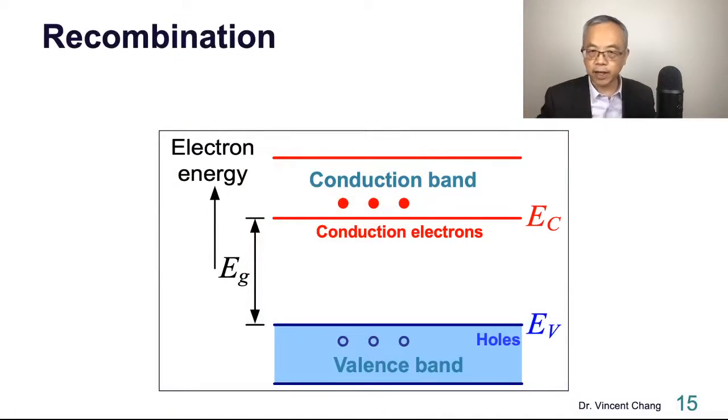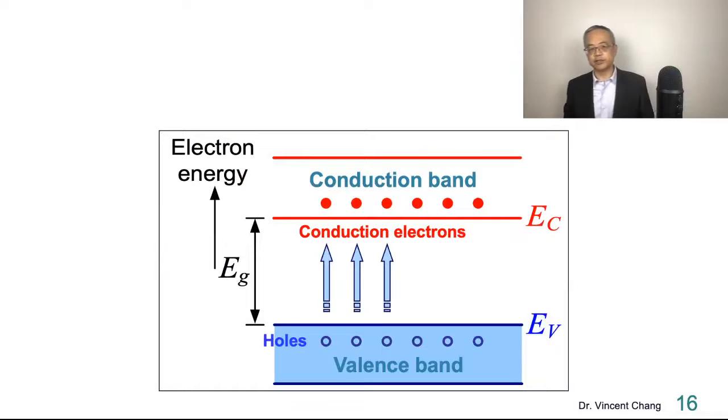And then death corresponds to what? To recombination. All right? So generation and recombination.